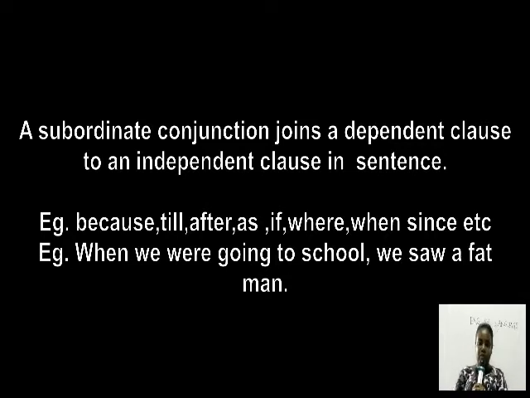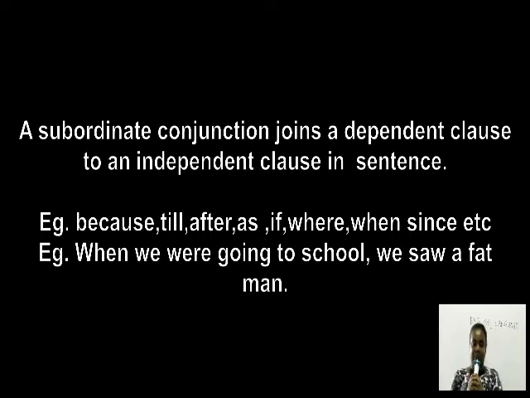Here we want to join these two sentences together. We have to bring a subordinating conjunction. So I can say, I was ironing the clothes while my sister was packing the books. That is a dependent clause and an independent clause.